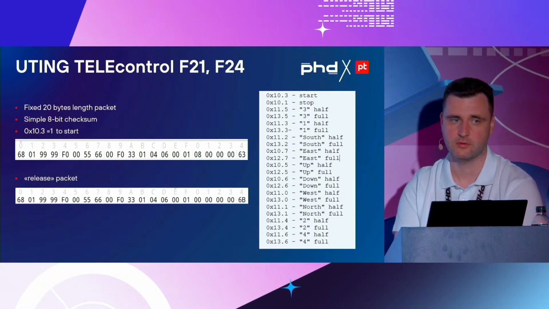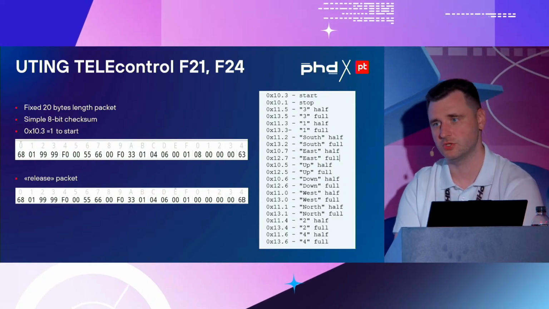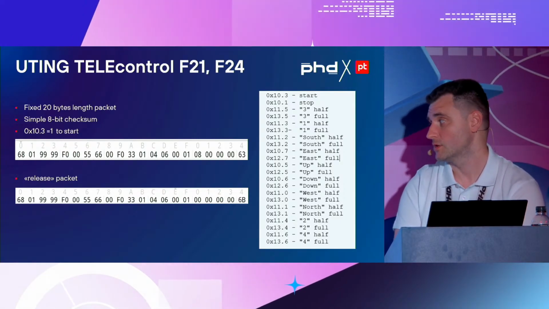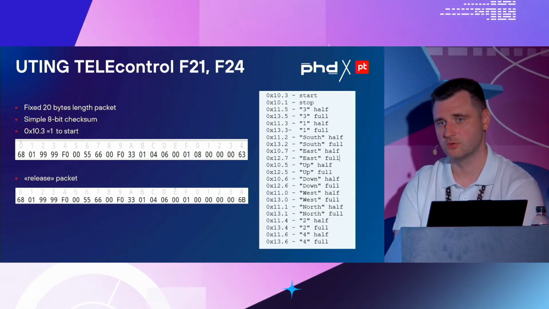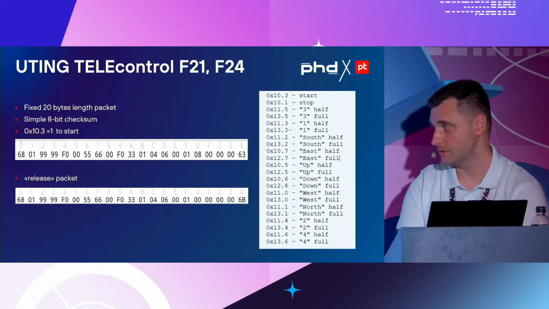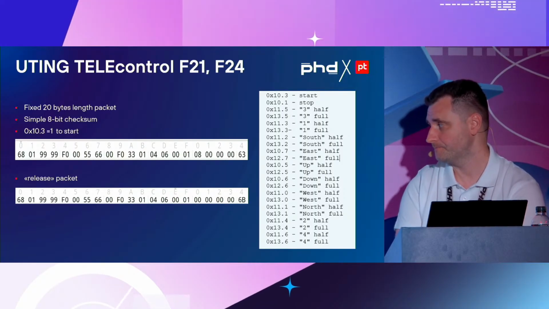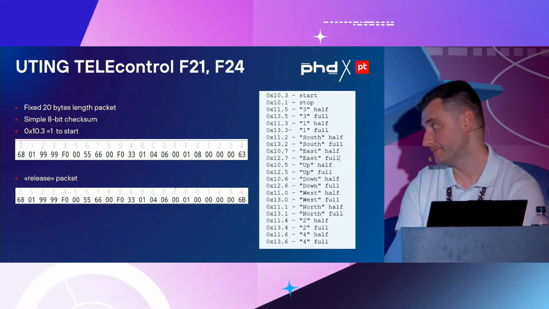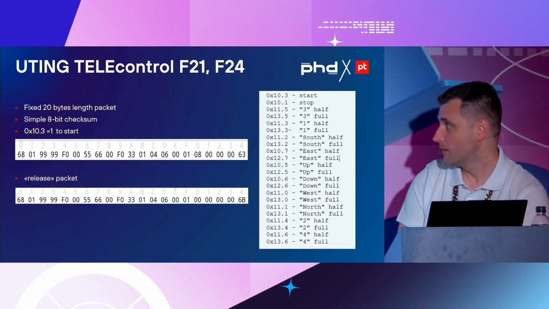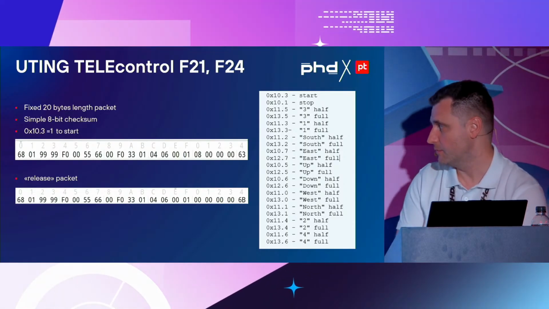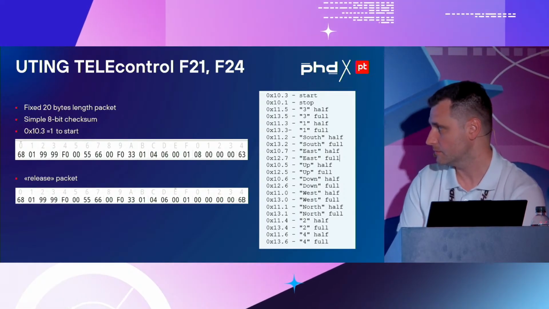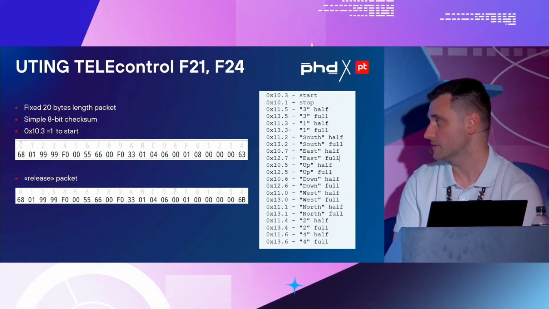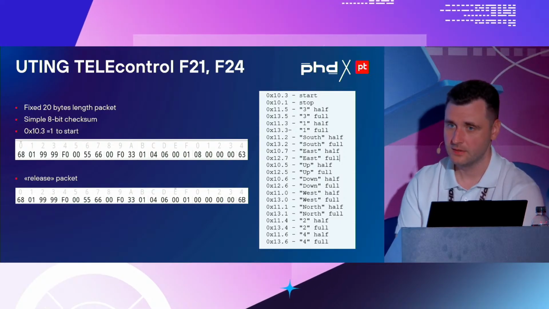The receiver is expecting some packet with some frequency, and if certain packets have not been received, it believes that the transmitter is out and gets disconnected. So in essence, it works like that. And after sniffing all the buttons, it became obvious that there is nothing interesting about that.